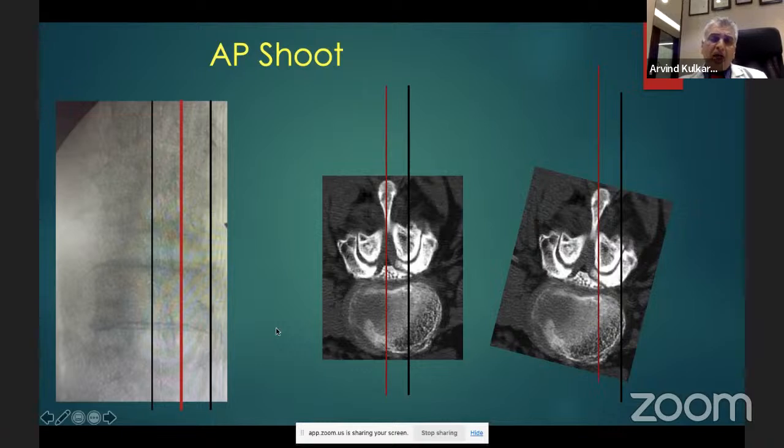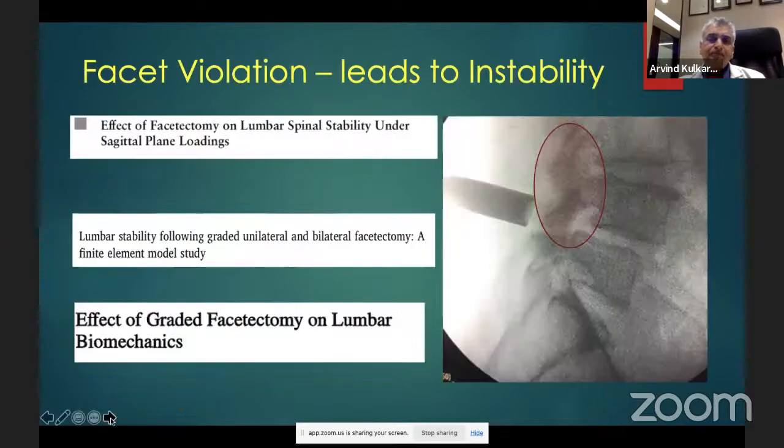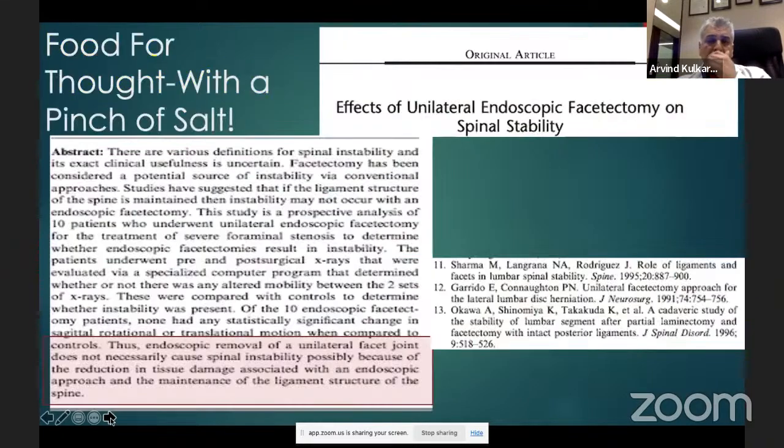So it's very important to have your spine square. It's very important to have your C-arm absolutely square so that there is absolute symmetry. Because facet violation leads to instability. This is well known. There are some papers which claim that endoscopic facetectomy doesn't have any bearing on instability. I would take it with a pinch of salt.